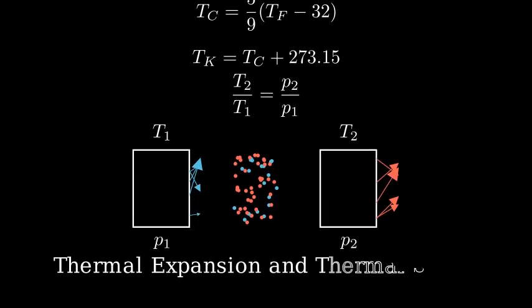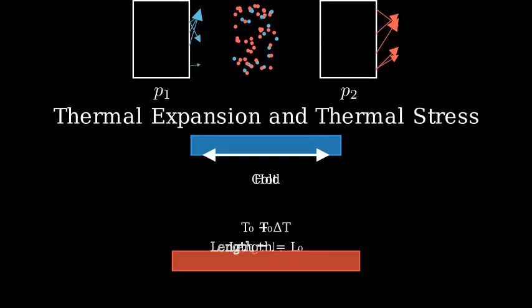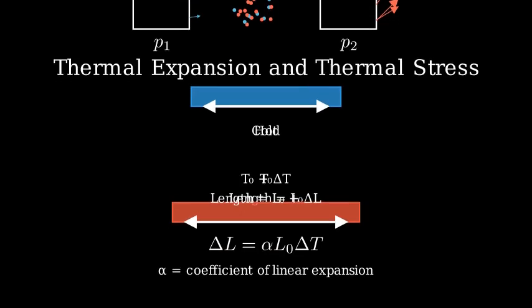Next, let's explore thermal expansion and thermal stress. When a material's temperature changes, it usually expands when heated and contracts when cooled. This is called thermal expansion. For linear expansion, the change in length delta L is proportional to the original length L0 and the change in temperature delta T. Mathematically, this is delta L equals alpha times L0 times delta T, where alpha is the coefficient of linear expansion.